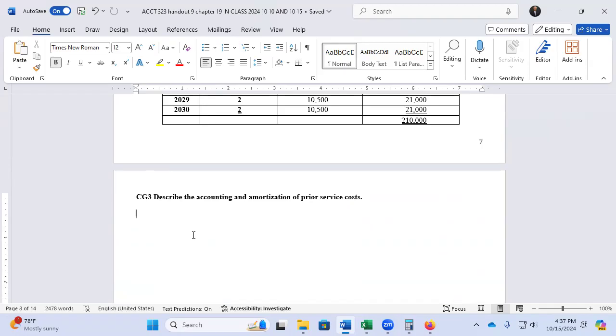All right. So let's go ahead and talk about this. So we talked about the amortization of prior service costs.